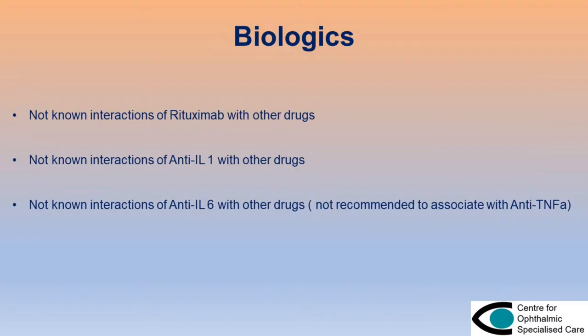Other biologics used in our patients, the most common is rituximab, which has no known interaction with other drugs. Similarly, anti-interleukin-1 and anti-interleukin-6 have no known interactions with other drugs, although it's not recommended to associate anti-interleukin-6 with anti-TNF-alpha because it can increase the side effects.